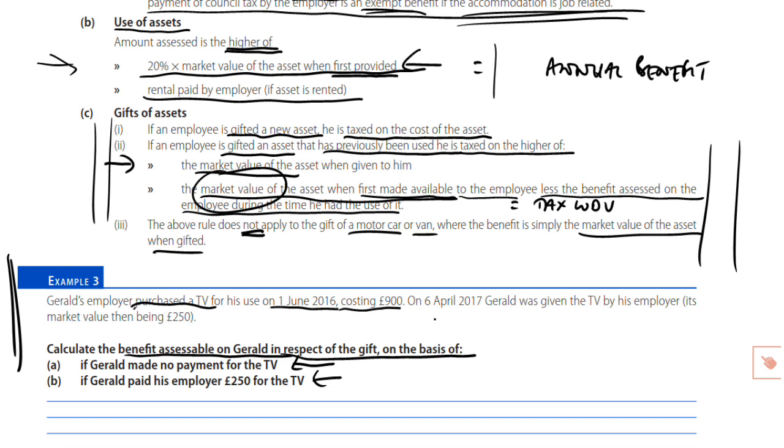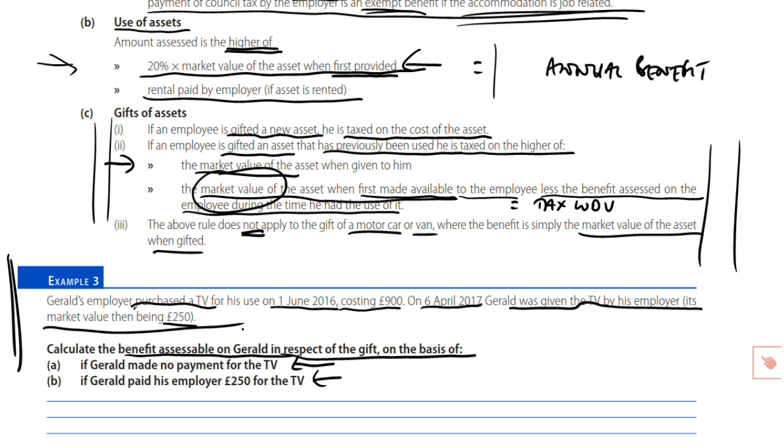Right, Gerald. The employer purchased the TV on the 1st of June 16 for Gerald's use. It then cost £900. At the beginning of the 17-18 tax year, so on the 6th of April 17, Gerald was given the TV by his employer, its then market value being £250. So, how do we work out the assessable benefit?